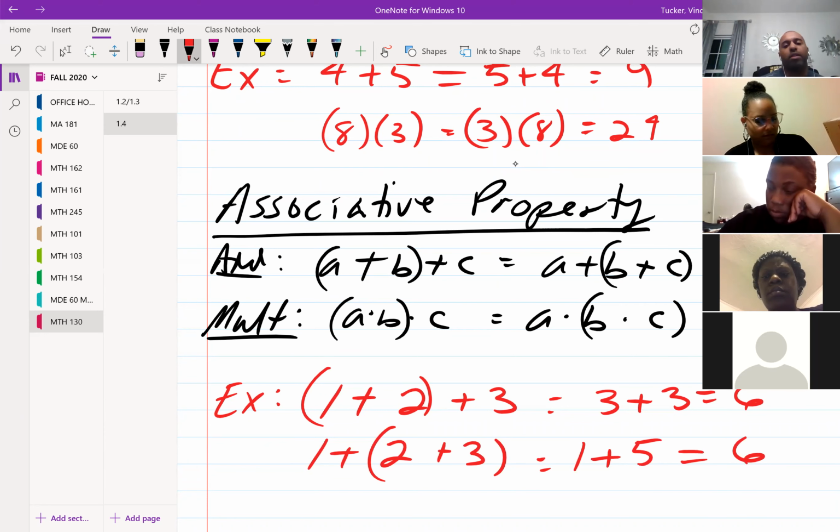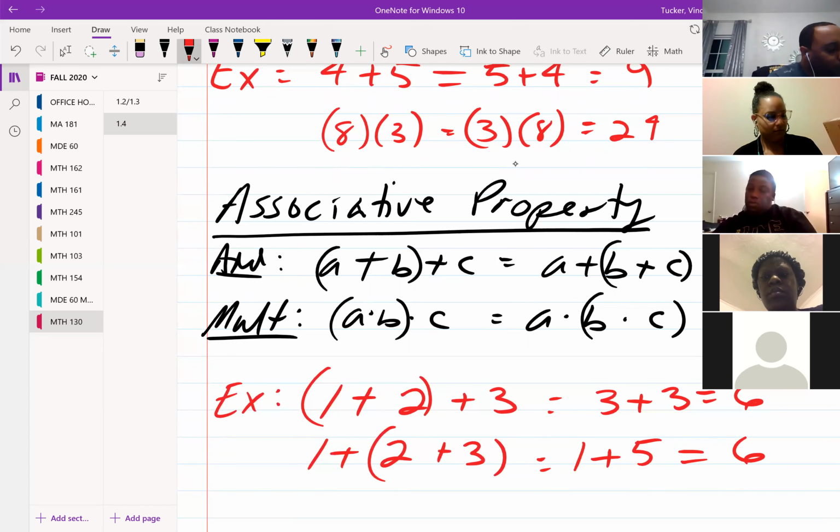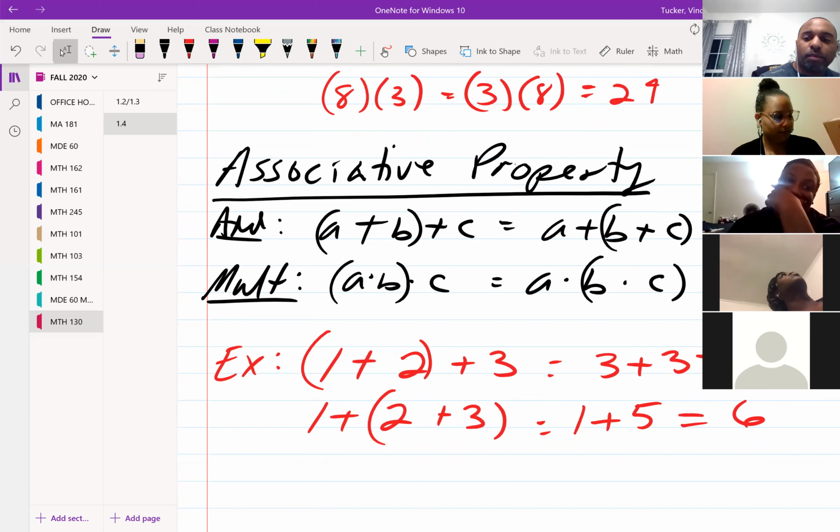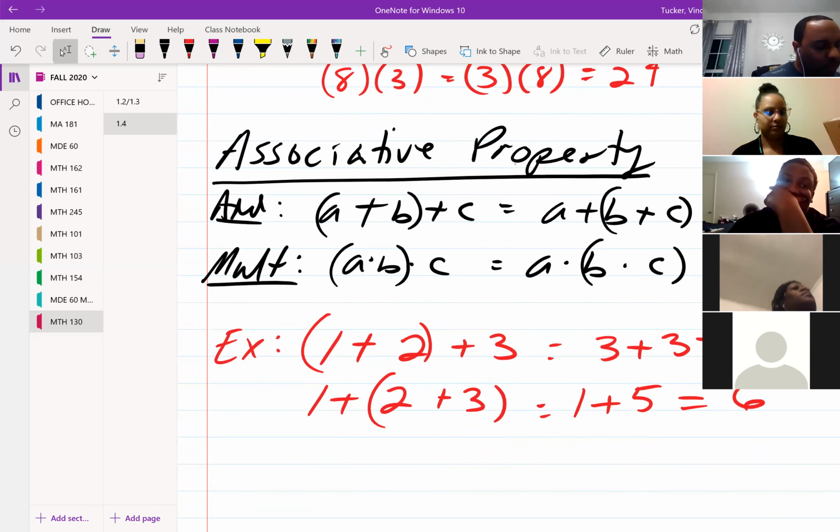So that's all they're saying, that it doesn't matter which order you add or multiply in, you'll still get the same result. And this is going to help us when we go into simplifying our expressions, combining like terms and all that good stuff.